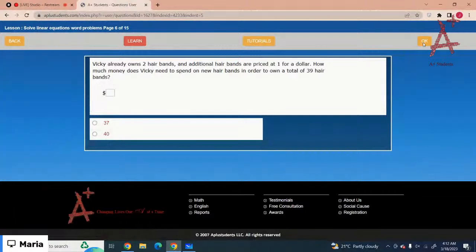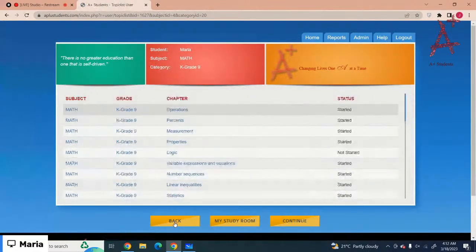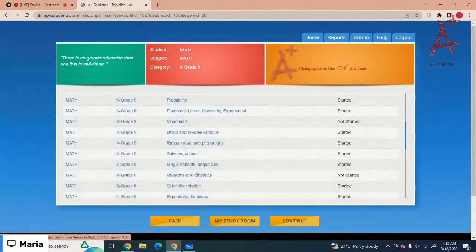So we are going to start the new chapter, that is the lesson we're going to start with is single variable inequalities. Let's just start with the lesson that is single variable inequalities.